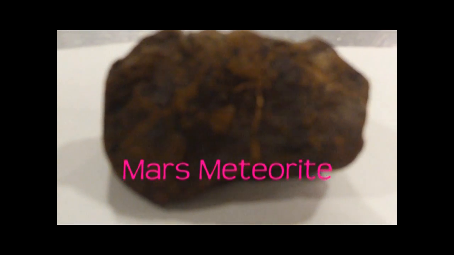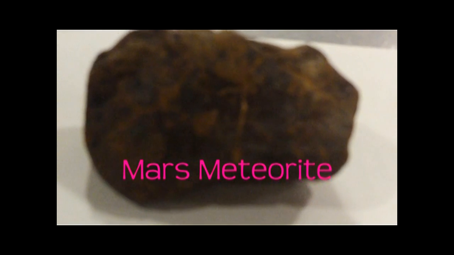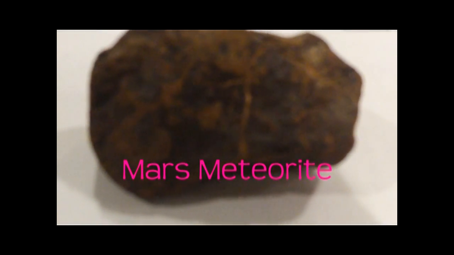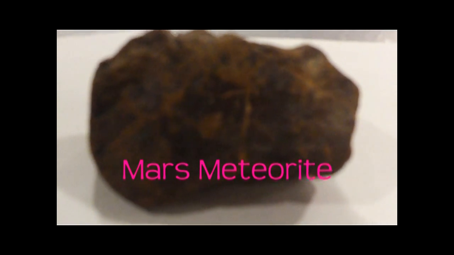Okay, this is my suspected Mars meteorite. It's been in the ultrasound cleaner, which is performed on samples before being tested. And as you can tell, the surface features are intact. They didn't come off.